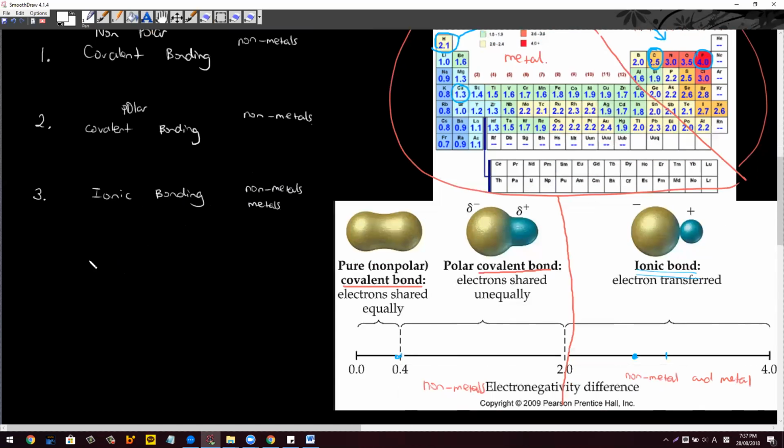Now, we're going to talk about H2O. So H2O is oxygen with 1, 2, 3, 4, 5, and 6 electrons around it. And we saw this one last time. Hydrogen has 1 electron, and hydrogen has 1 electron, and they share.